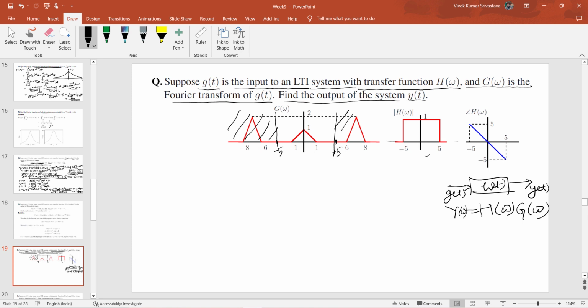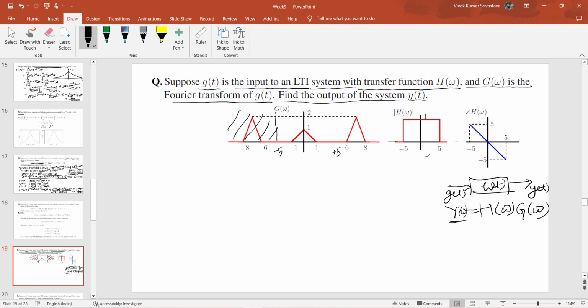Between minus 5 to 5, g of omega is 0 from 1 to 5. So the output of this system will exist within the range of minus 1 to 1 only. So this problem is basically a low pass filter problem.